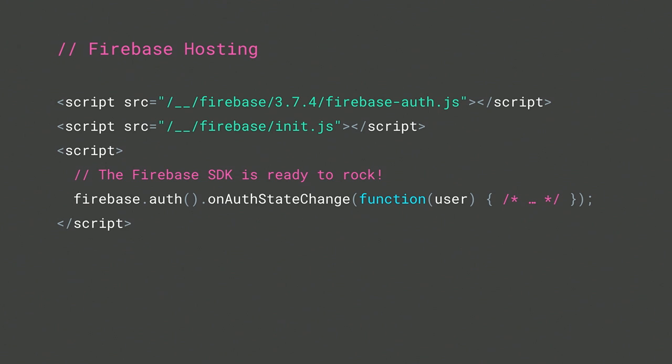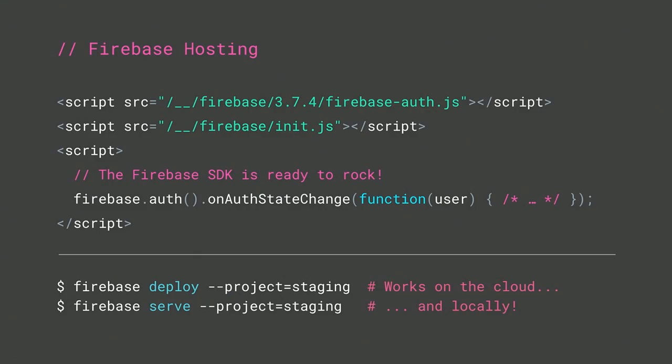Well, the answer is here on the second line of code that you see there. You see a Firebase init.js. And that little snippet of code will initialize your Firebase SDK by pulling environment variables into your code and configuring your code that way.